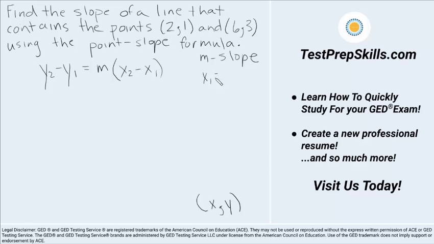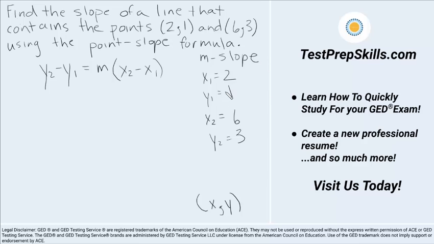So that means our x1 equals 2. And similarly, the y value for point 1 would be y1, and that equals 1. We can do the same thing with our second point, and we'll say our x2 value is 6, and our y2 value is 3.